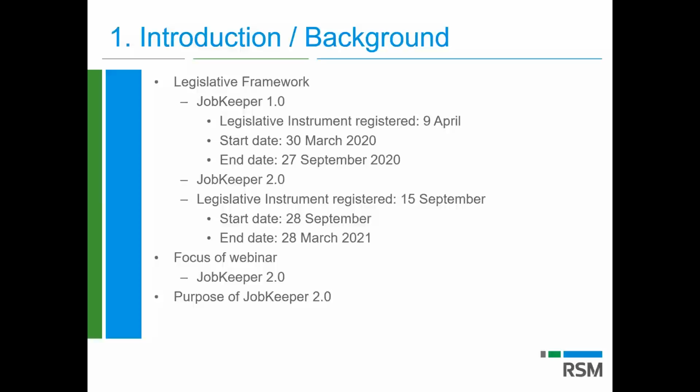These were passed or registered on the 9th of April, and then the 13 fortnights of JobKeeper 1.0 wrapped up a couple of weeks ago on the 27th of September. JobKeeper 2.0 was only announced in late August and was registered on the 15th of September with a start date of the 28th of September.